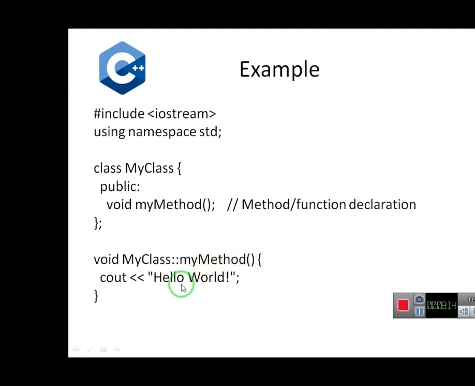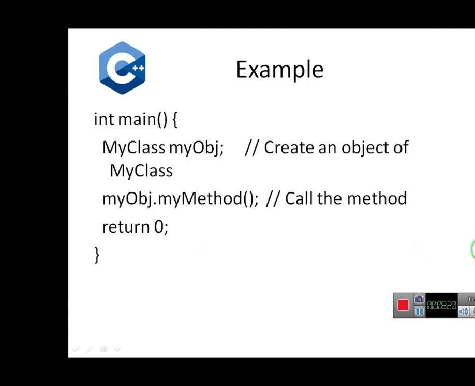And this is the body of myMethod which we want to print out. Clear? And here we have the same int main. This is MyClass, myObj, and this creates an object of MyClass. Then myObj.myMethod, it is the same, and here we have written return 0. Inside the method we are not declaring any parameter.